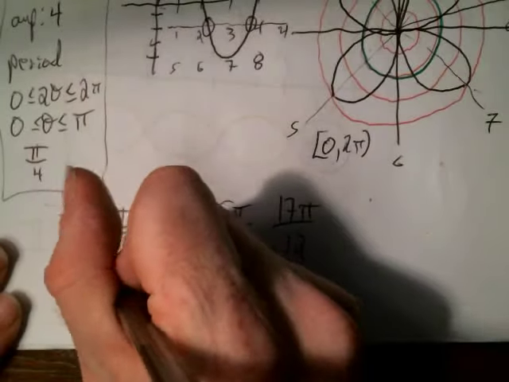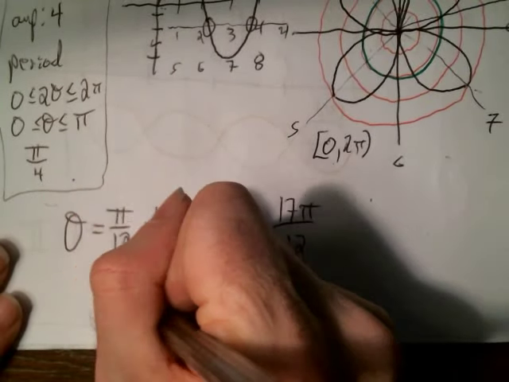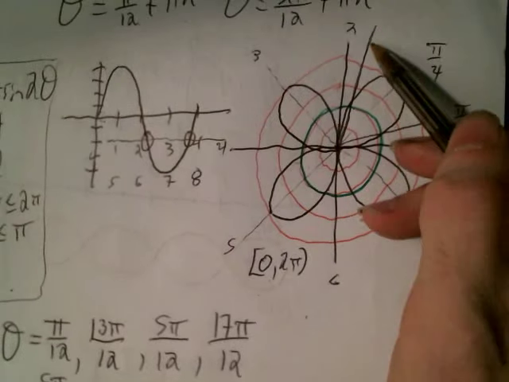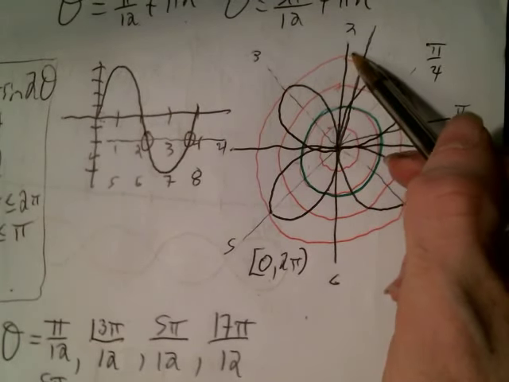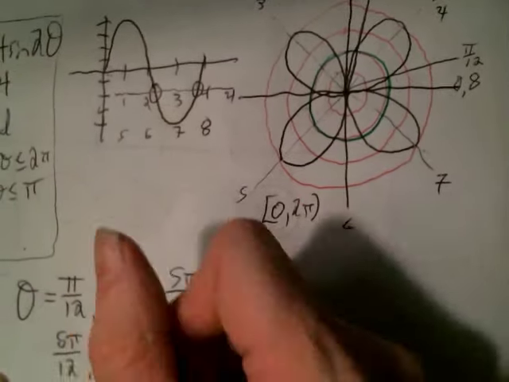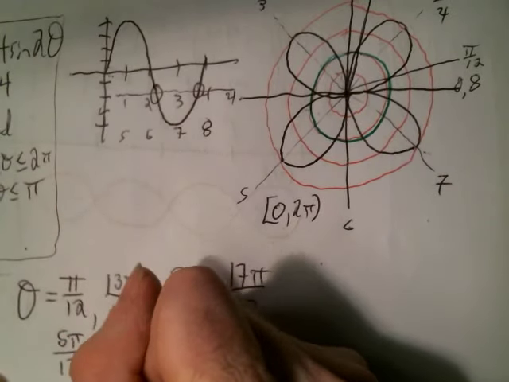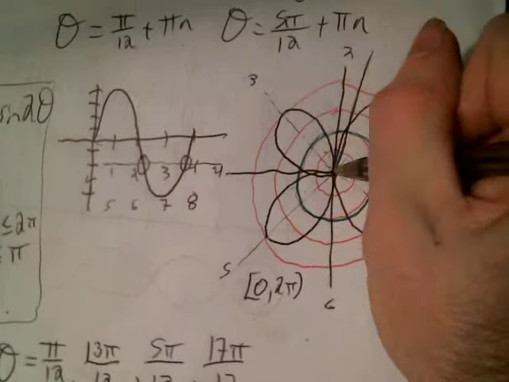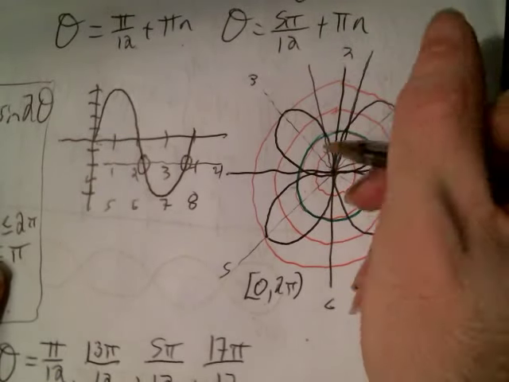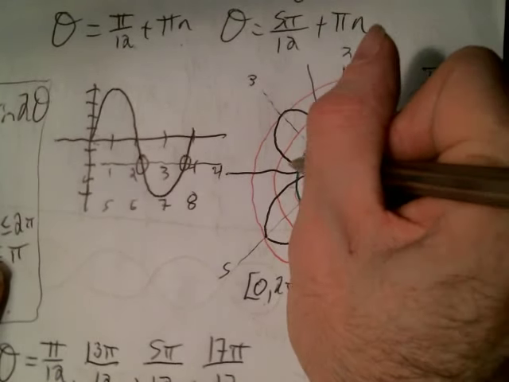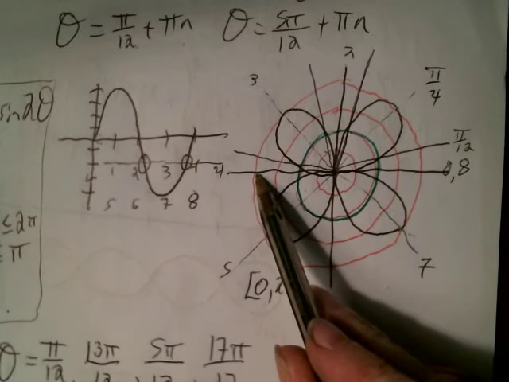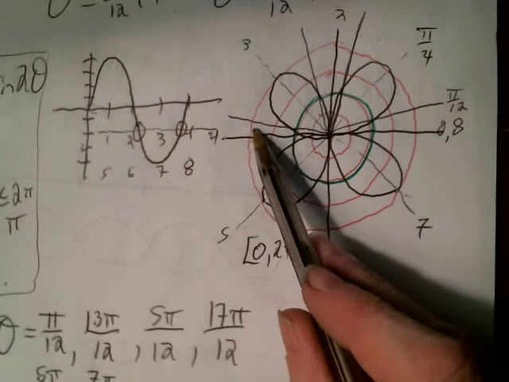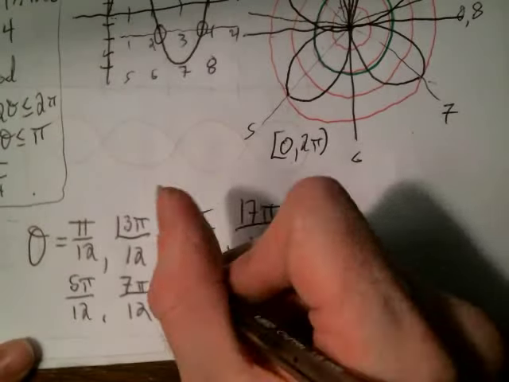So there's a 5 pi over 12. Okay. And then from here to here, by the same logic, this is 6 pi over 12. This will give me 7 pi over 12. Okay. So right here would be another intersection. And then I need this guy, which would be right before 12 pi over 12. So that would be at 11 pi over 12.